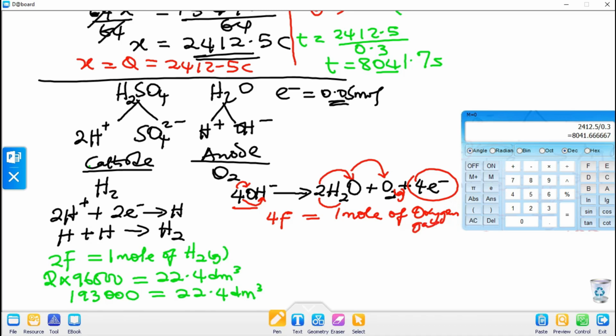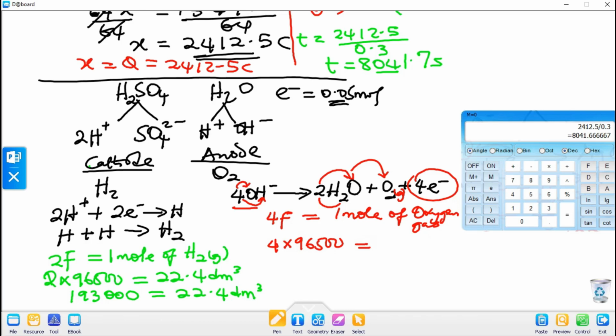So what is 4 Faradays or 4 moles of electrons? 4 Faradays, by value, is 4 times 96,500, because 1 Faraday is 96,500. So it means that 4 times 96,500 has given us 1 mole of oxygen gas.